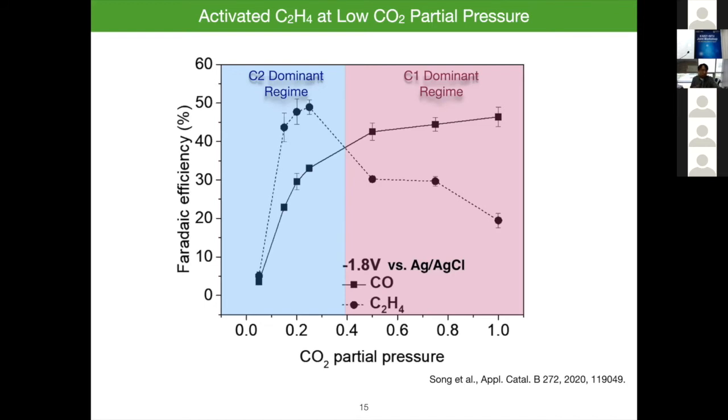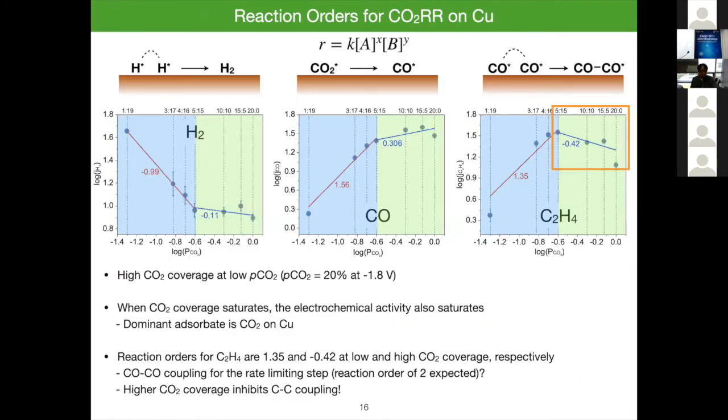So you can say that C2 is dominant at low CO2 partial pressure, and at high CO2 partial pressure range, C1 is dominant. So in order to look at what this means, we plot on a log-log scale to find the reaction orders for hydrogen, CO and ethylene. If you look at the hydrogen, hydrogen evolution occurs by surface recombination of adsorbed hydrogen. But with increasing CO2 partial pressure, the reaction order actually decreases with an order of -1.